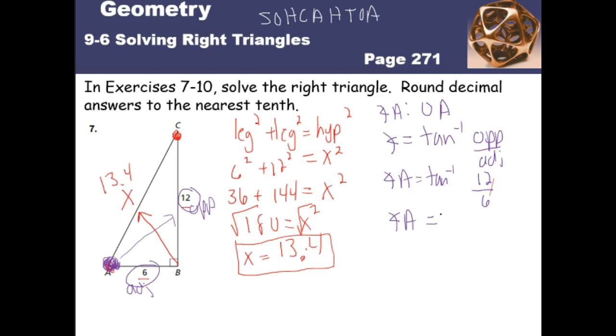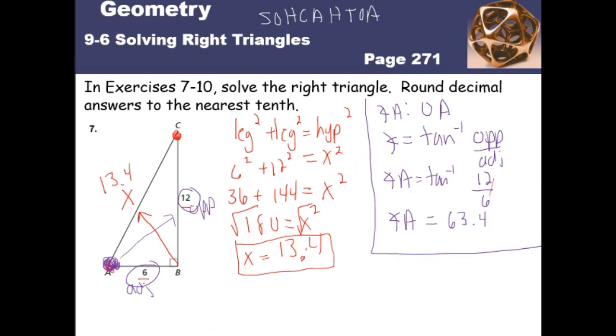And you're going to find the inverse tangent of 12 over 6. So I'm going to say second, and then tangent, which will give me the tangent inverse, and then I'm going to say 12 divided by 6. And I get 63.4. So A is 63.4. Okay, now I'm going to use a similar method to find angle C.